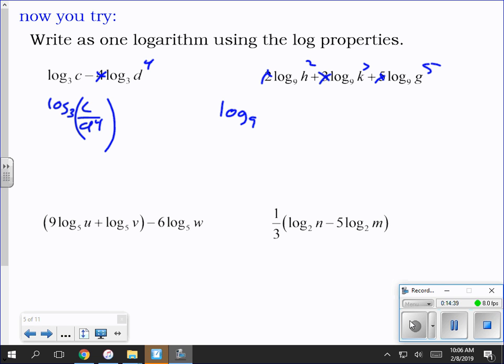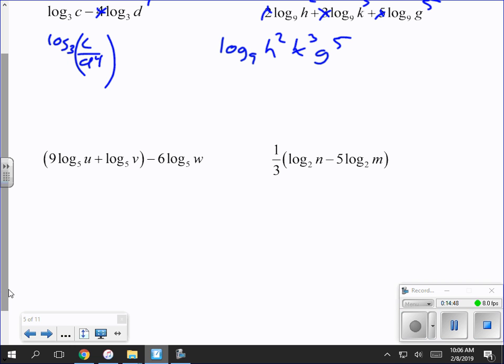Log base 9 of h squared k cubed g to the 5th. This next one here, bring up the 9. Bring up the 6. It's addition here, subtraction there. So it's log base 5 of u to the 9th v over w to the 6th.